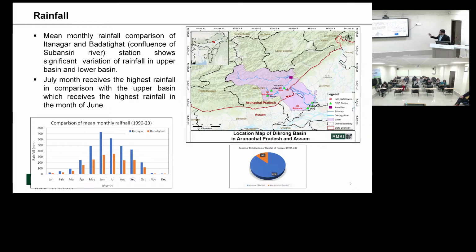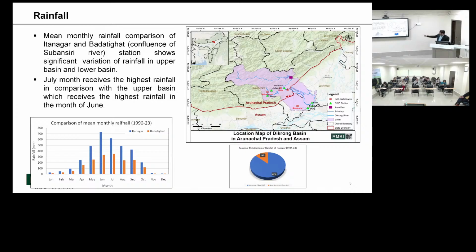Another station is at Badati Ghat, totally downstream at the outlet, where it is around 1850 mm. So there is almost 50% variation, totally half, between the rainfall in the upstream area and in the downstream area. This much variation in rainfall we have observed.